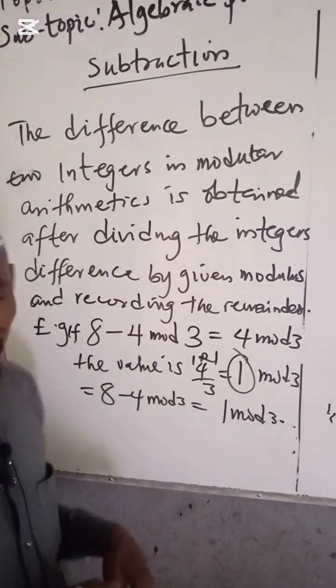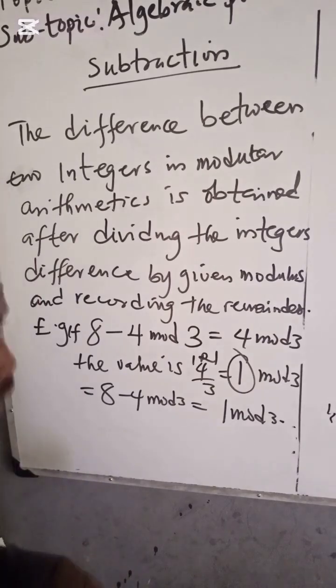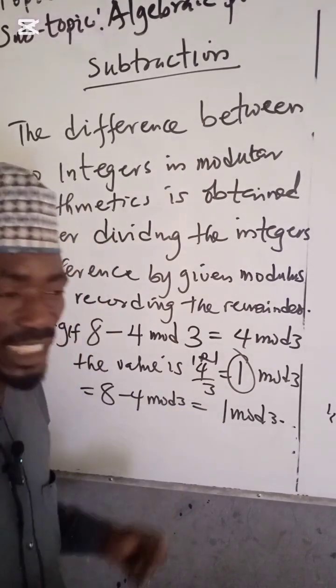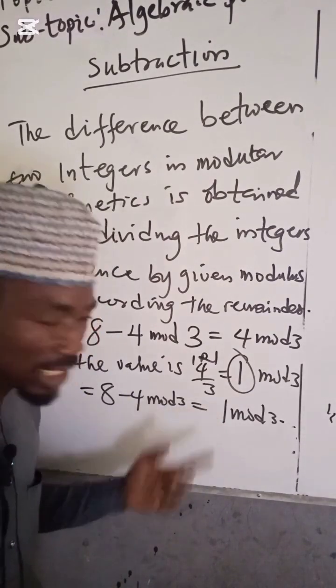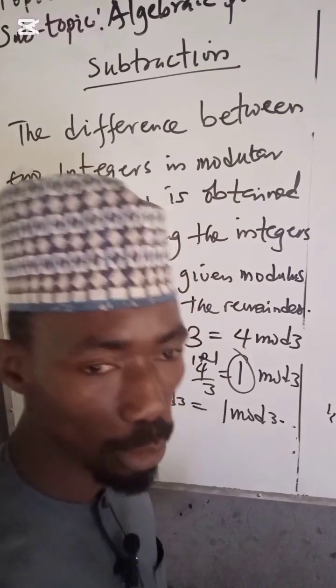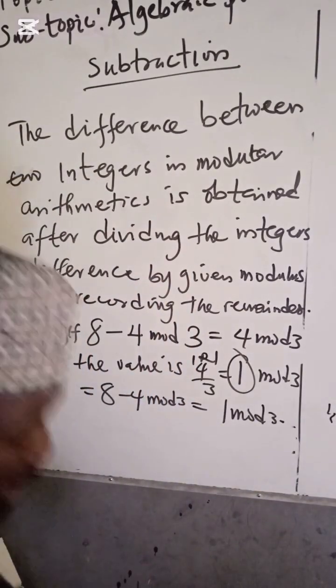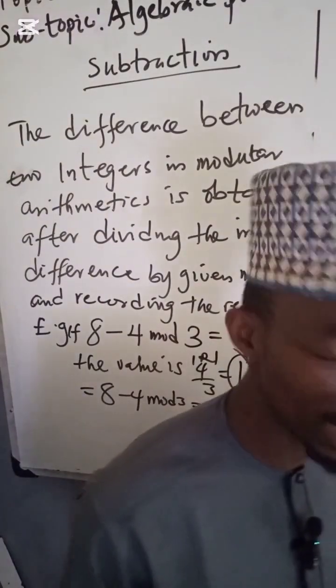But we could have a case that is tricky, in a situation whereby the remainder is negative. You can't cover a distance and say, I covered minus 3 meters. There's nothing like that.